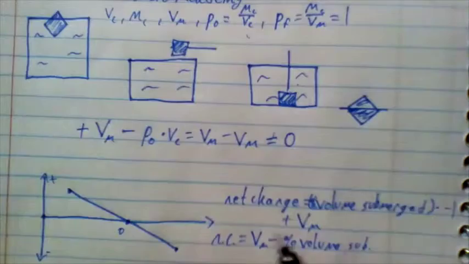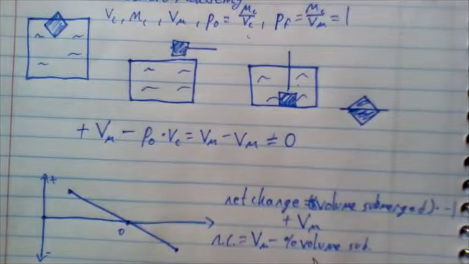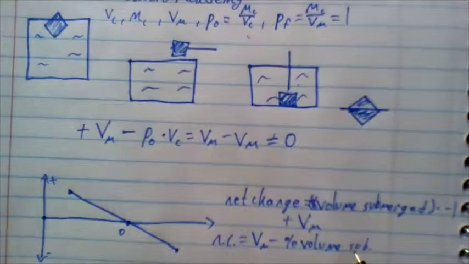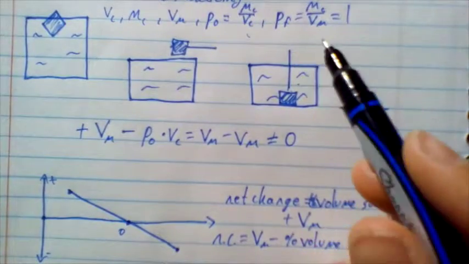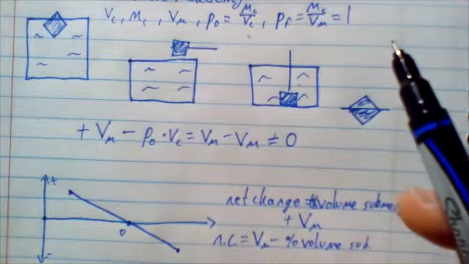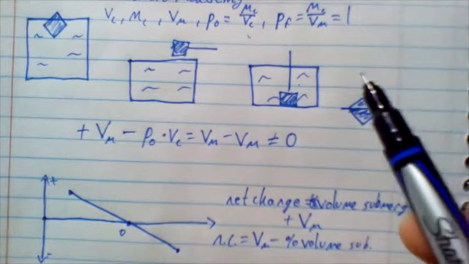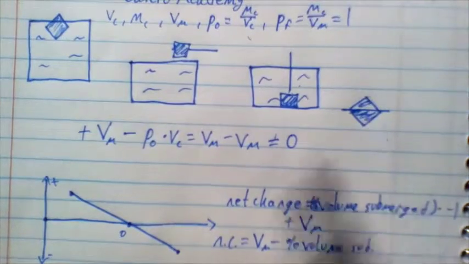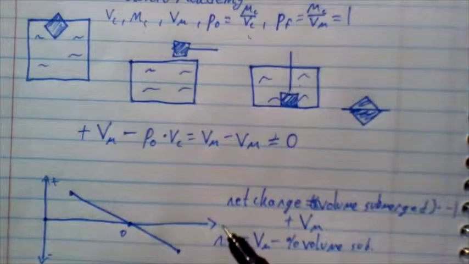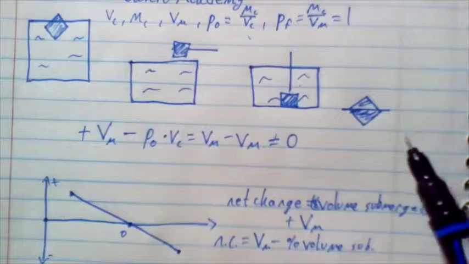And over here, we have that 100% of the volume is submerged. And therefore, we have that it is V sub m minus V sub c is the amount of change.